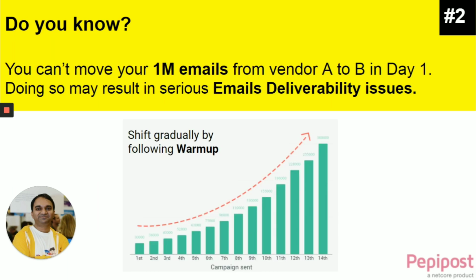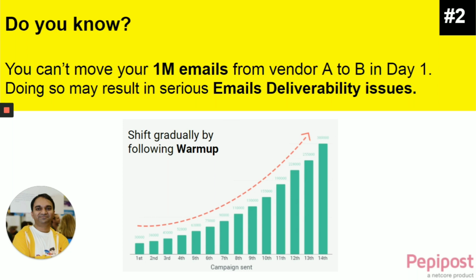Another thing to keep in mind is when you are moving email volume from one service provider to another. You might have a smaller email volume, or you might have millions or billions of emails. You can't move the entire email volume in one day.